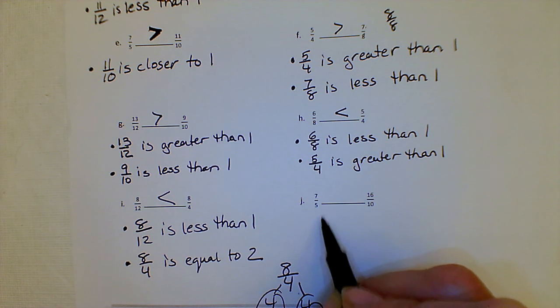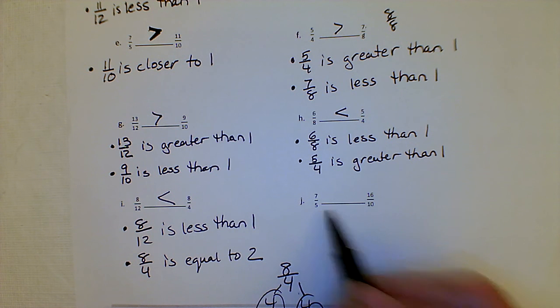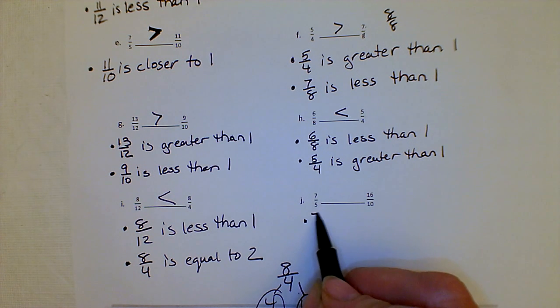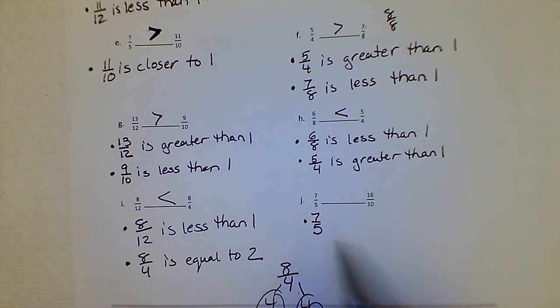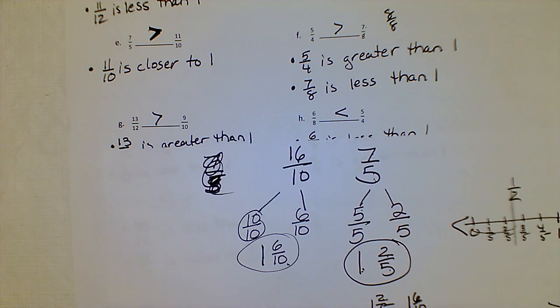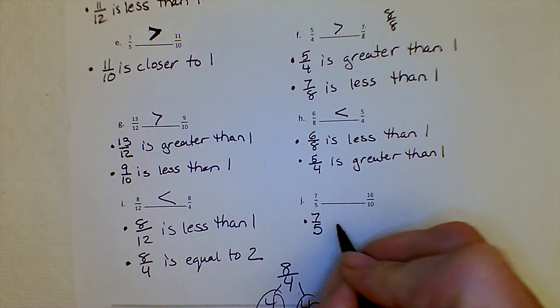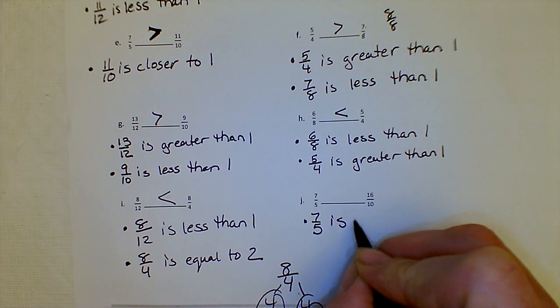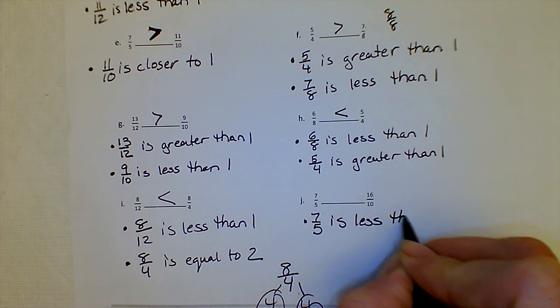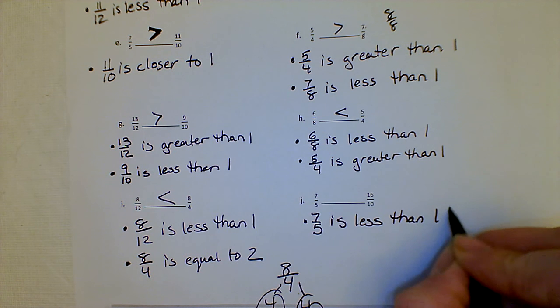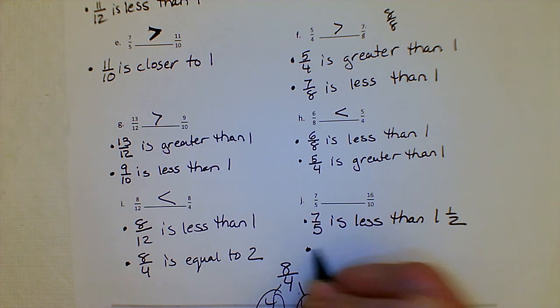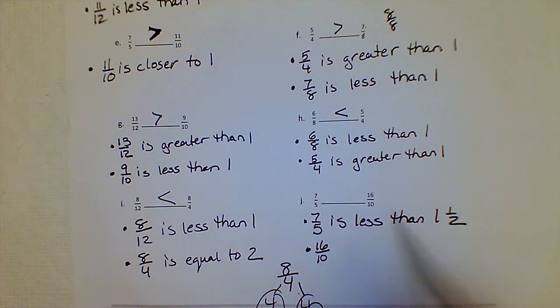So where was I? Oh yeah, so 7/5, which we also know is 1 2/5. So that was 1 2/5, and that's right here, a little less than 1 1/2. And we're going to say that 16/10.